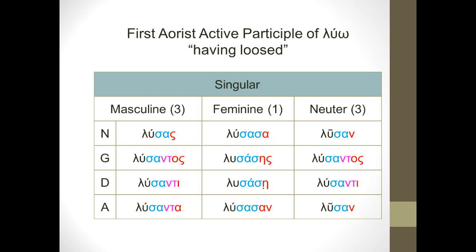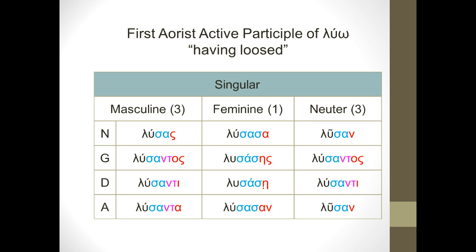In the dative, you have your nu tau iota, but the sigma alpha that precedes it lets you know that you're dealing with the aorist. And notice in the feminine, it follows for the most part the first declension pattern, starting off in the nominative with its own unique ending, sasa, and then sases, sase, sasan. And then your neuter is san, santos, santi, and san.